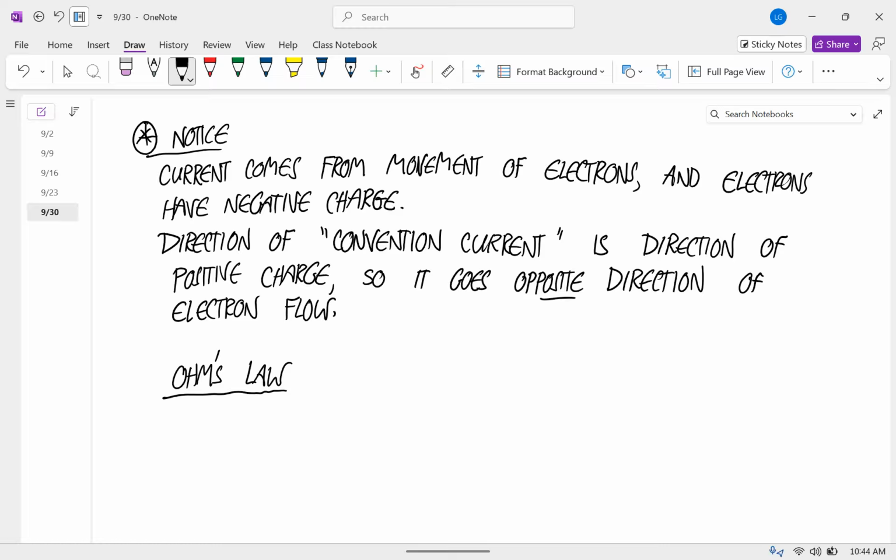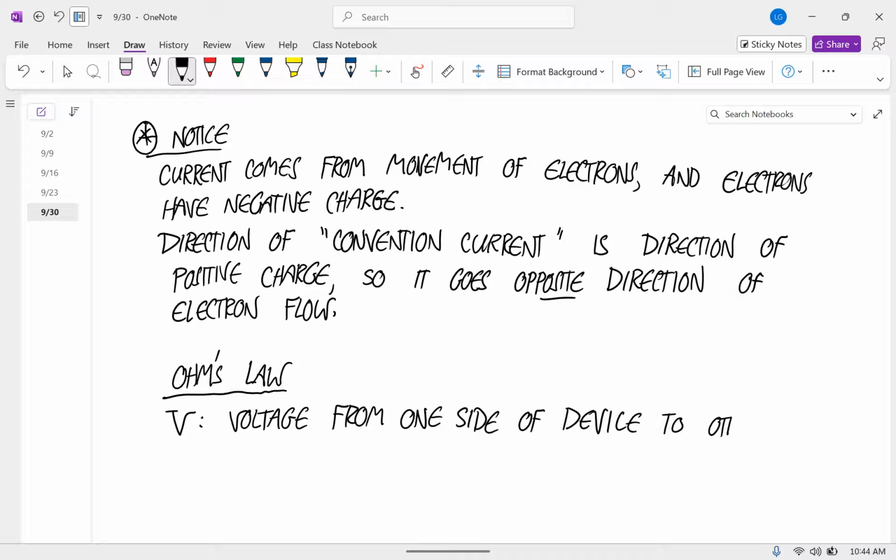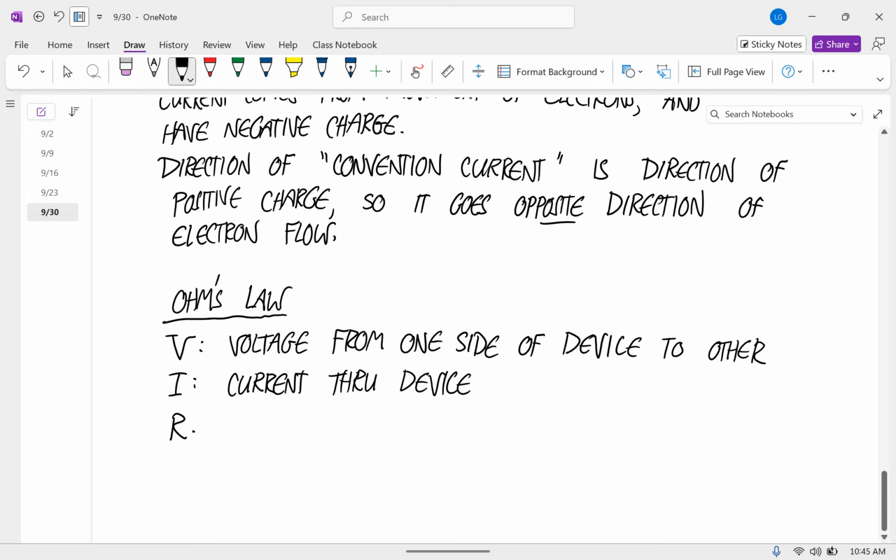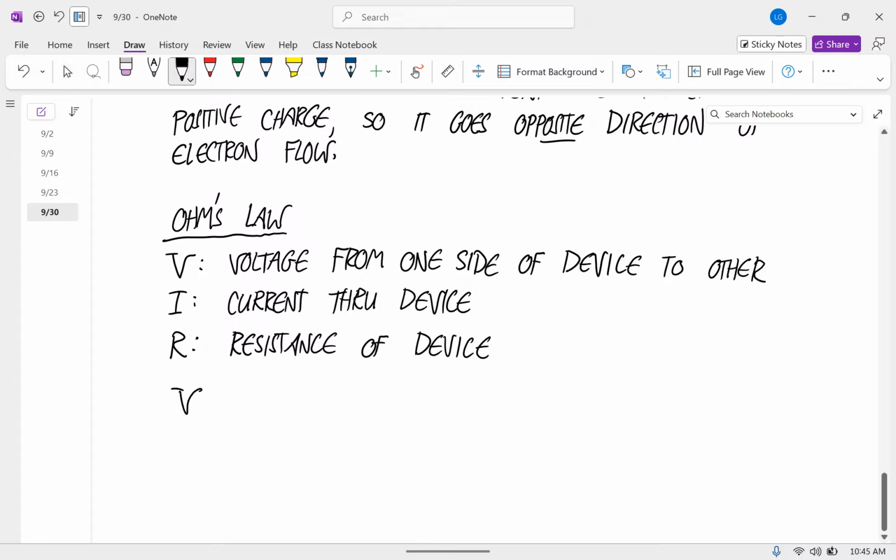If you think of V as the voltage from one side of the device to the other, I as the current through the device, and R as the resistance of the device, then Ohm's law says the voltage is equal to the current times the resistance: V = IR.